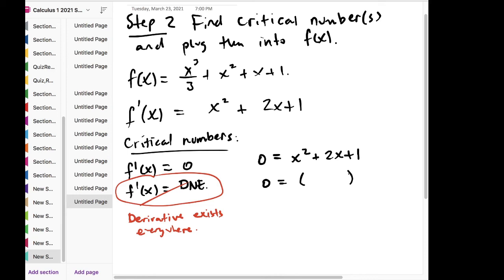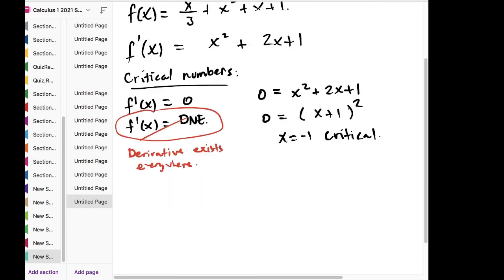Yeah, the factor is x plus 1, but the critical number is negative 1. Okay, so we have found the critical number.